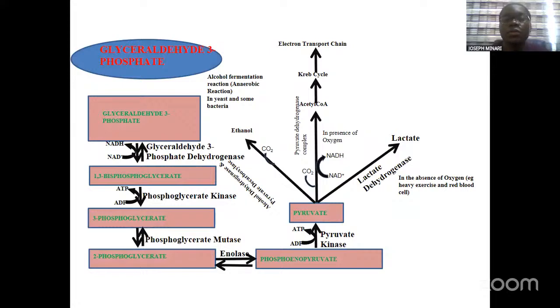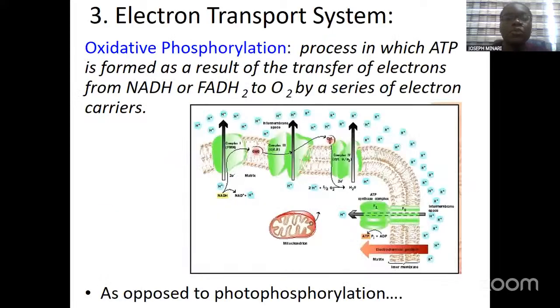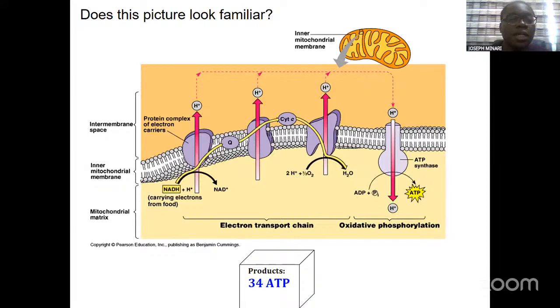I also said that along the same path, the pyruvate also goes from the Krebs cycle into the electron transport chain. And this is where we have the massive production of ATP, whereby you can see the hydrogen ions crossing into the intermembrane space. When they cross into the intermembrane space, as a result of electrons being transported from one complex to the other, we have complex 1, complex 3, and complex 4.